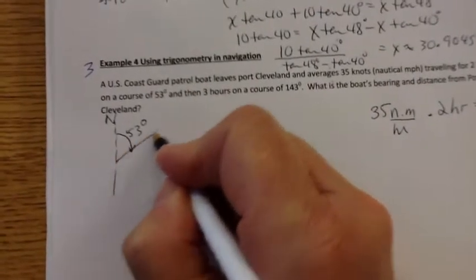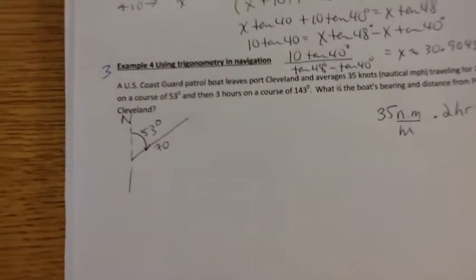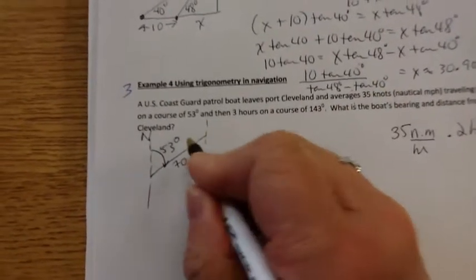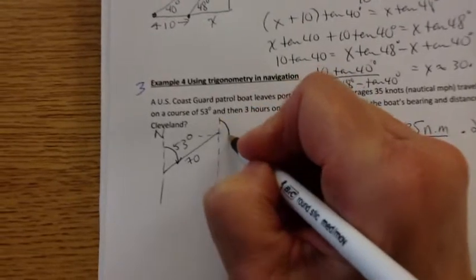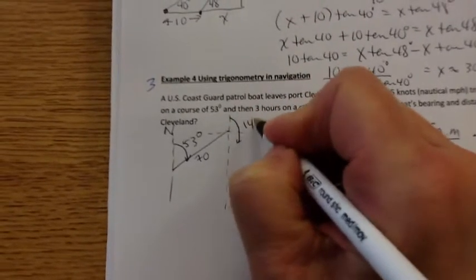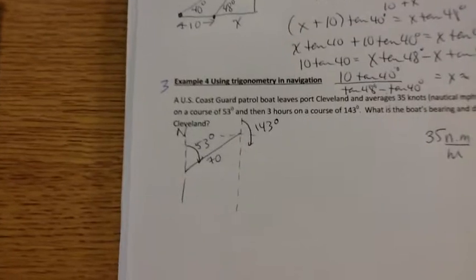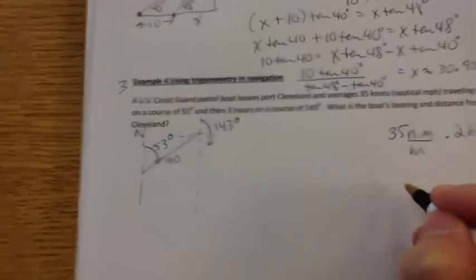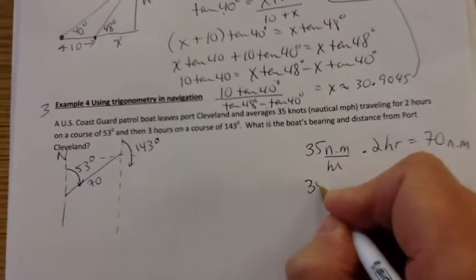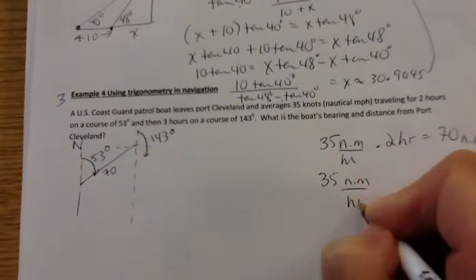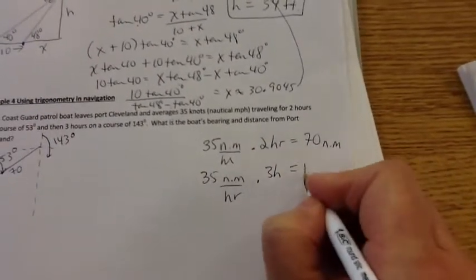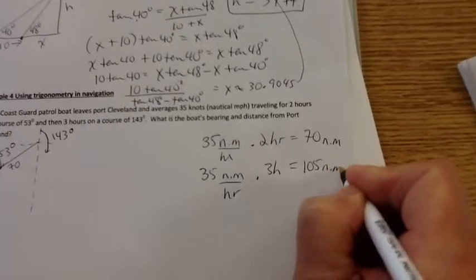So let's go back to our picture. Over here, he went 70 nautical miles. Then he's here, and of course, from due north, he goes 143 degrees. And he travels another 3 hours. So 35 nautical miles per hour times 3 hours gives me 105 nautical miles.